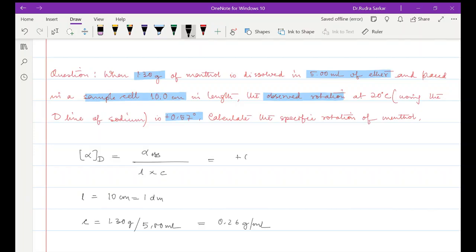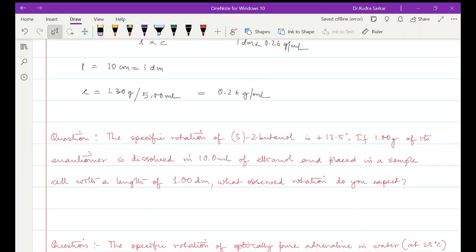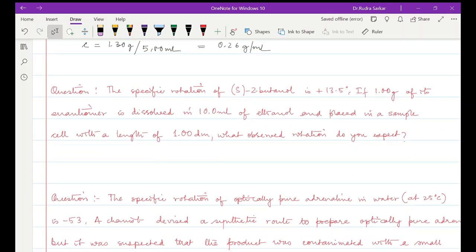So we will have plus 0.57 divided by 1 dm into 0.26, so that comes out to be plus 2.19 degree. That should be our answer. Again, a similar problem has been given over here, so I would request you to try this out at home.